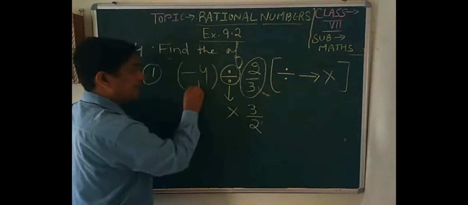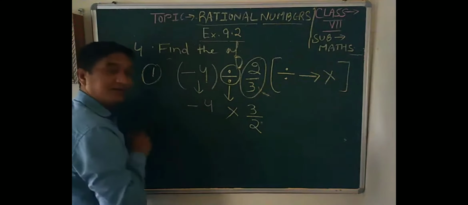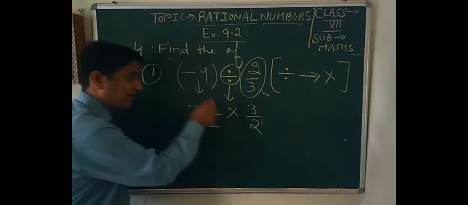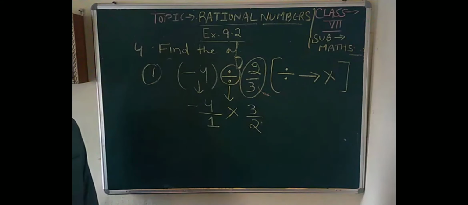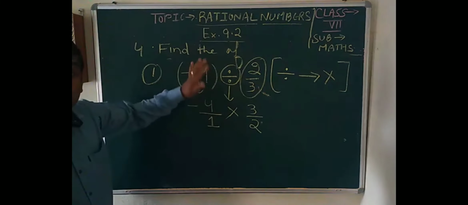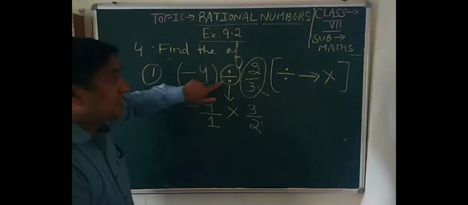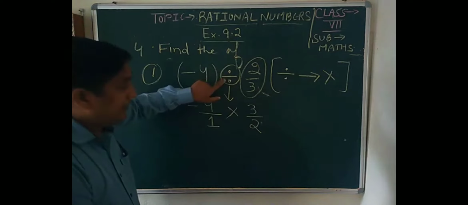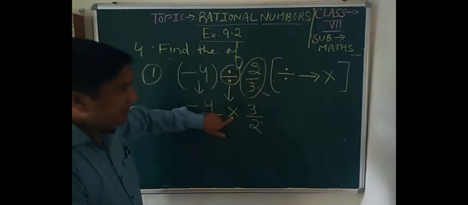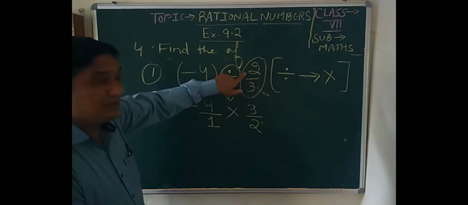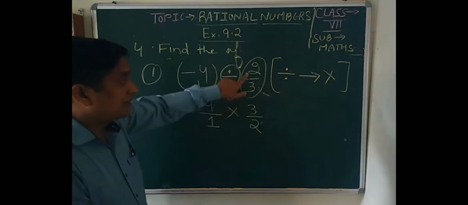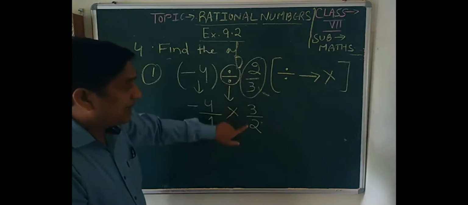And this is as it is, minus 4 upon 1. There is nothing different. You only have to change the division sign into multiplication, and then write down the reciprocal of the divisor. 2 by 3 becomes 3 by 2.